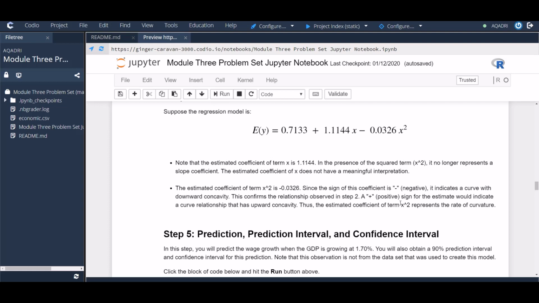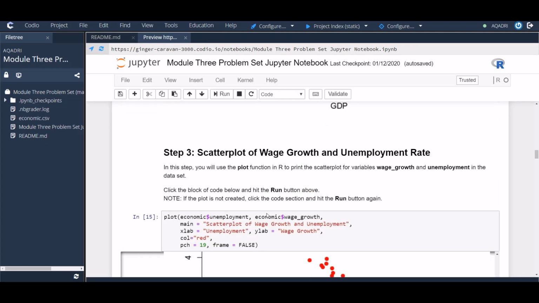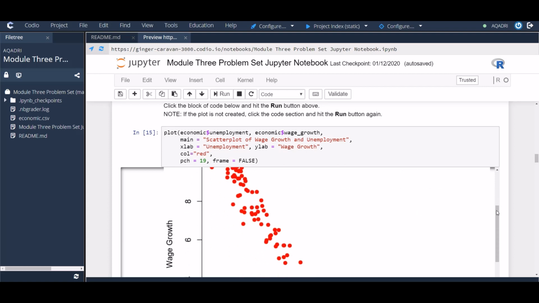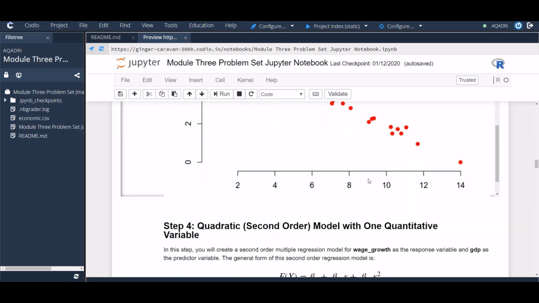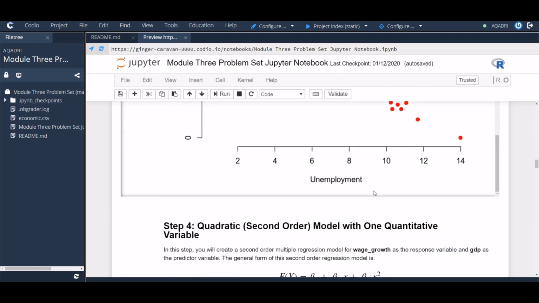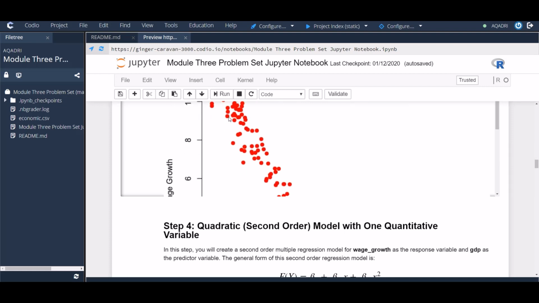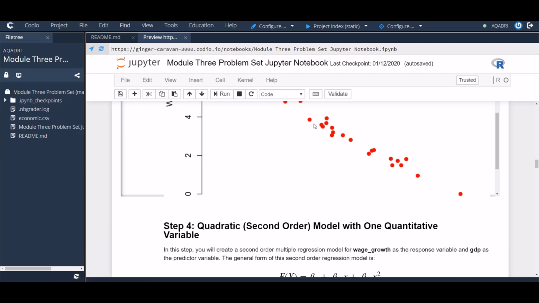If this was a plus sign, a positive sign for the estimate would indicate a curve relationship that has upward concavity. So there it would be going upwards, and that was the case here, for example. Although we did not include unemployment in the model, we can clearly see that this has a curve that comes down, but then attempts to go upwards.